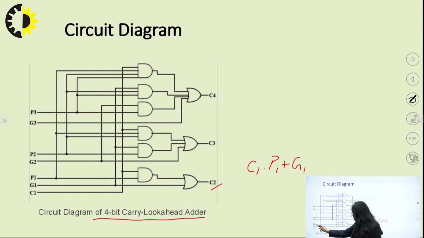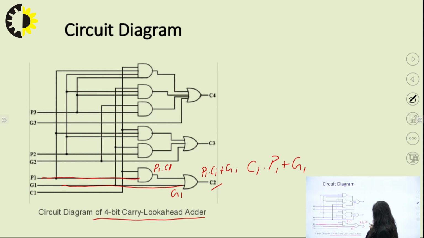You can see P1 and C1, plus G1. So here I have P1 dot C1 plus G1, which is C2.